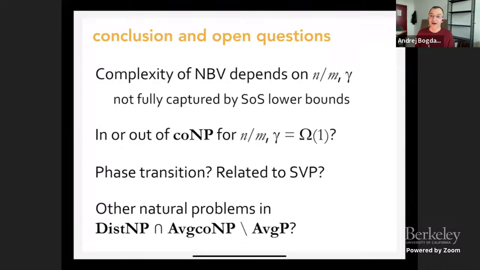And finally, the big agenda that I'm interested in is whether we can find other, more natural examples of problems in average case complexity that lie in this interesting space between NP and P. There are not so many, and all of the ones I know have something very interesting happening in them.